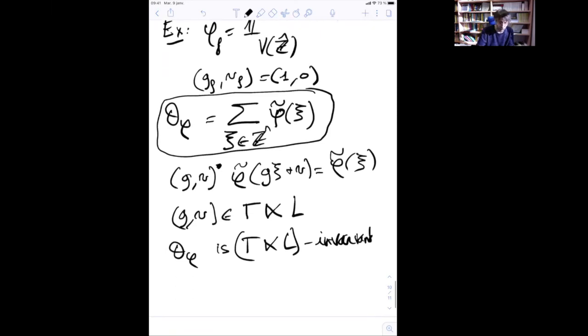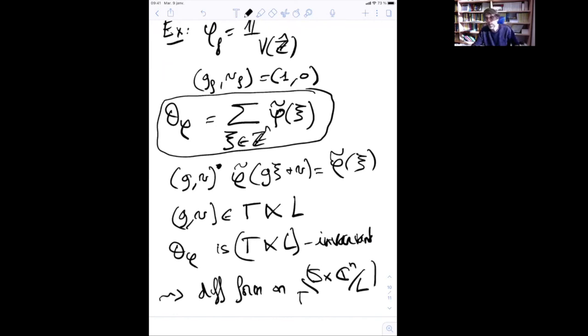And so it descends, so it defines a differential form on the quotient S cross C^n mod lambda mod gamma.